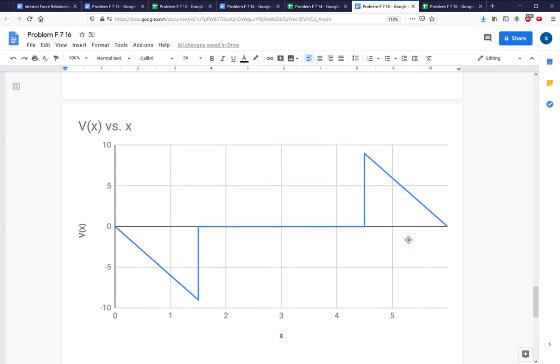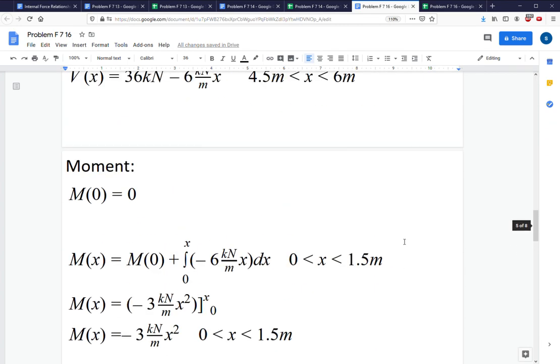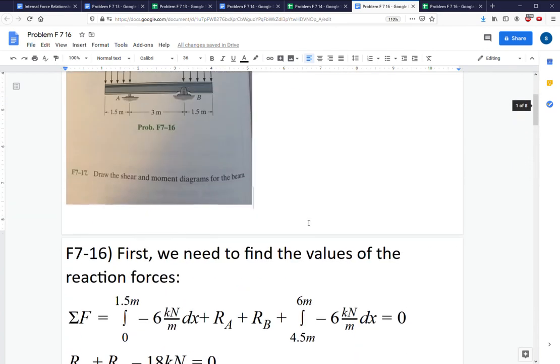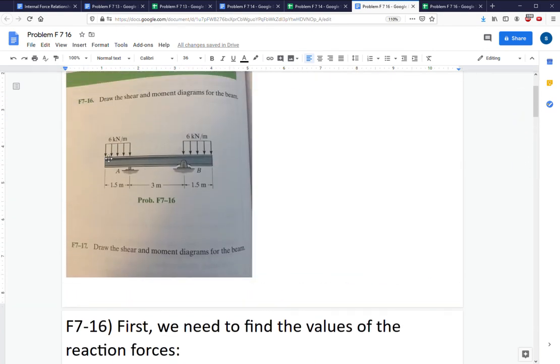Now for the moment graph, we could hand wave it. We could say that because again there are no applied moments on this side, there's no applied moments on this side, it should start and end at 0.